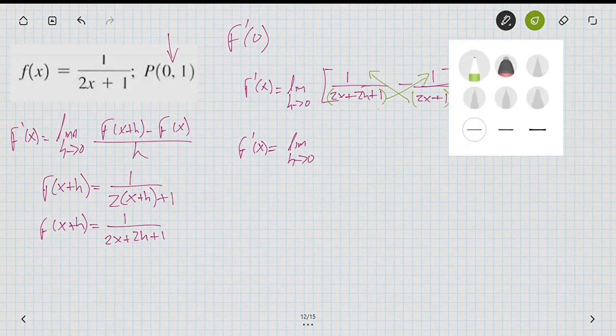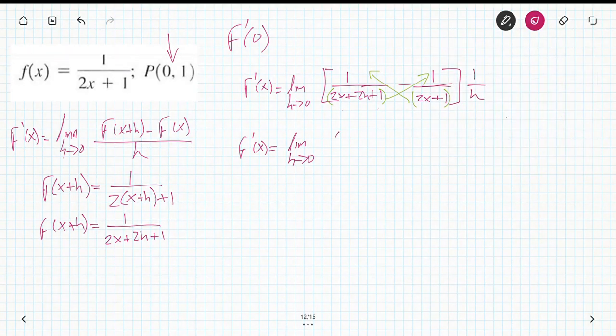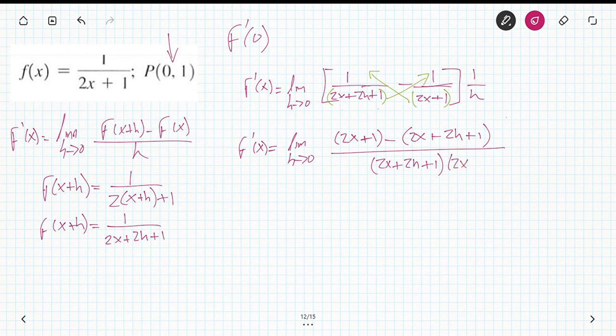So we're going to do 2x plus 1 minus the other numerator, which is going to be 2x plus 2h plus 1, over the multiplication of both of those, so that is going to be 2x plus 2h plus 1 times 2x plus 1.